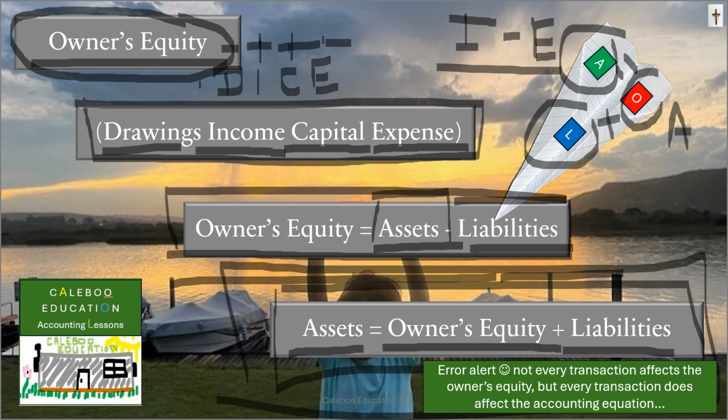So there I was just playing around a little bit with owner's equity and the accounting equation, but assets is equal to owner's equity plus liabilities. Every single transaction within the business has an effect on the owner's equity, and after every single transaction, the left hand side will equal the right hand side.